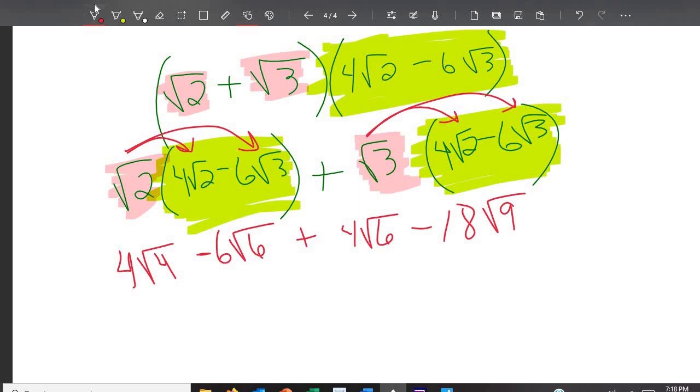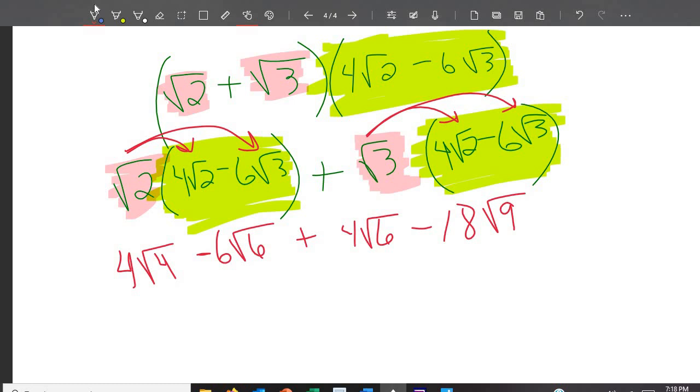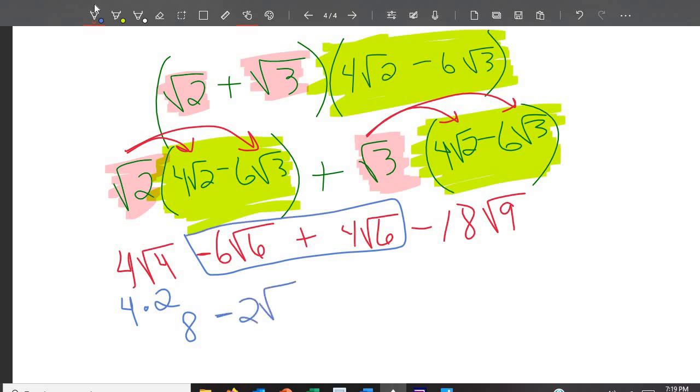We're going to simplify this and add like terms. I can take the square root of 4, which is 2, and I end up with 8. These are like terms: minus 2 square root of 6.